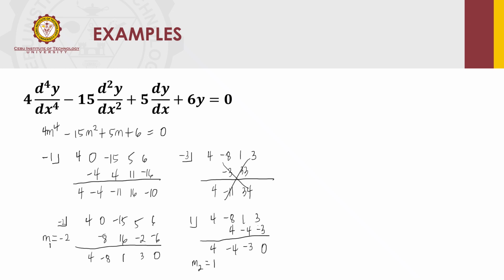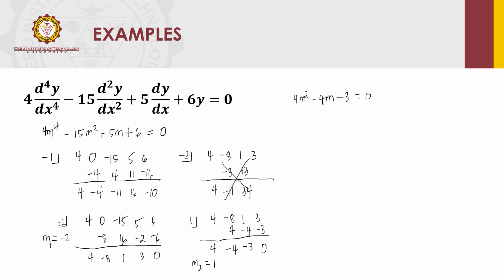So the remaining numbers here are the coefficients of now a quadratic equation. We have 4m squared minus 4m minus 3 equals 0. I can do factoring, or use the quadratic formula, or maybe completing the square.